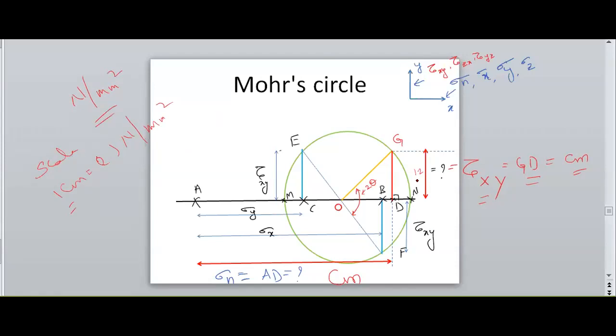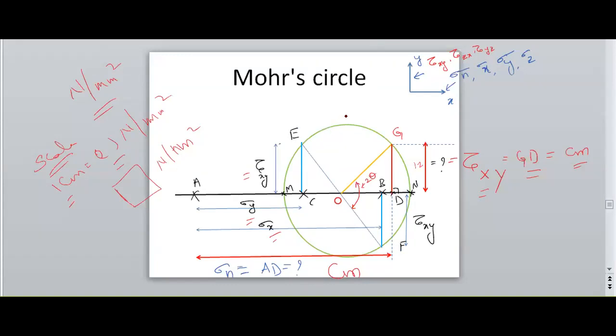So I need to convert this using this scale, and find out the magnitude, that is the shear stress magnitude or normal stress magnitude, by using the same scale whatever we have considered for drawing sigma x, sigma y and tau xy. So this is the procedure followed for the graphical representation of the oblique plane, which we call the Mohr circle method.